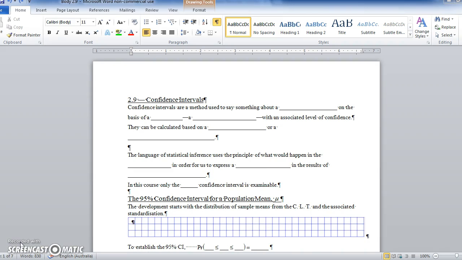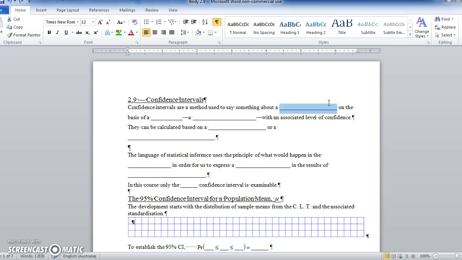So, just to put that in a concrete example, say we wanted to know the population mean of heights of Year 12 students at Glenunga High School, then we could use this particular class as our sample, find the mean of the class, and then use it to give us an interval in which the population mean, so the mean of all the heights of all Year 12 students at Glenunga, would lie. Some of this is going to make a little bit more sense as we go through it.